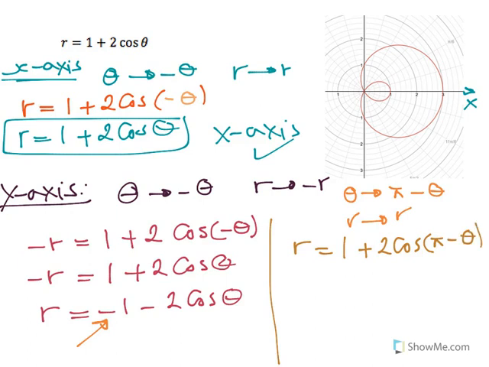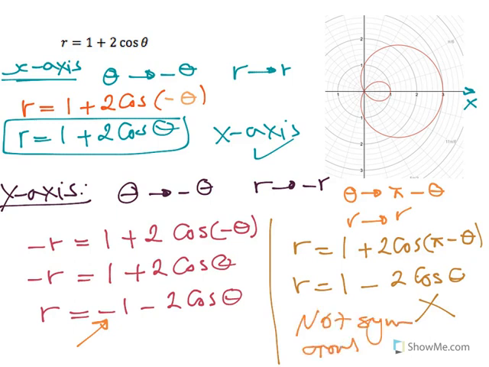Pi minus theta is in the second quadrant, where cosine is negative. Then r equals 1 minus 2 cosine theta, which is not the original equation, so it's not symmetric around the y-axis.